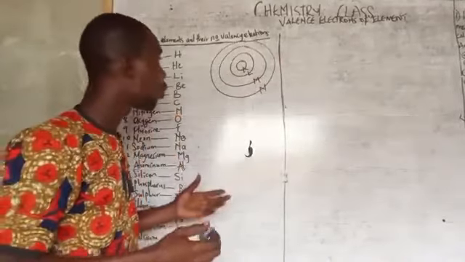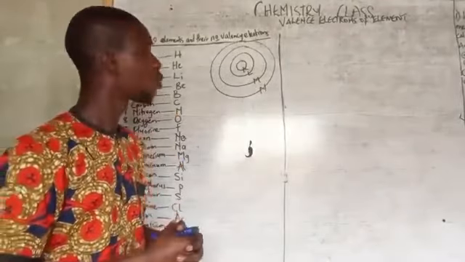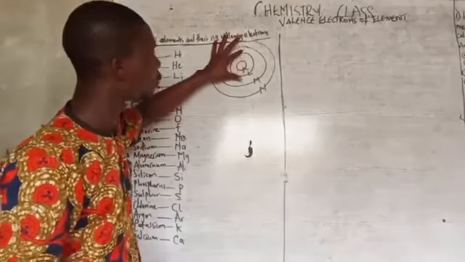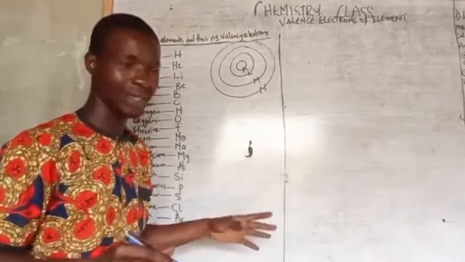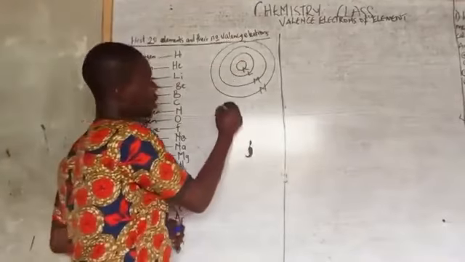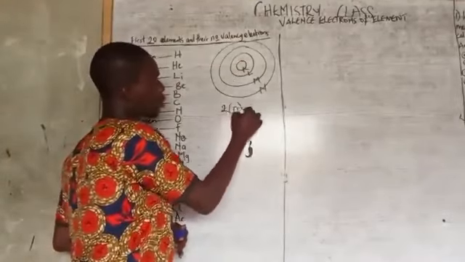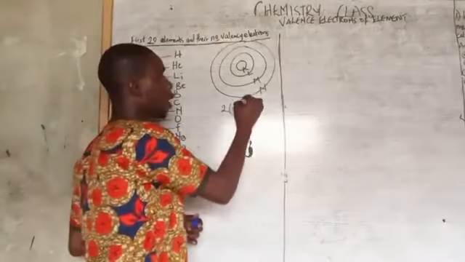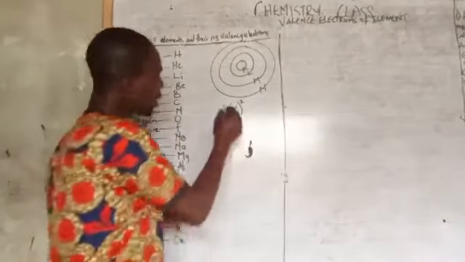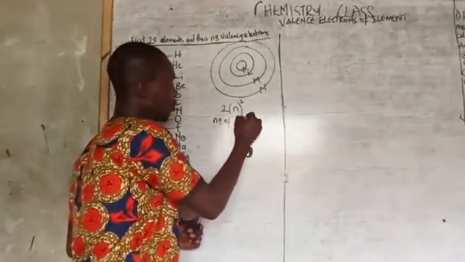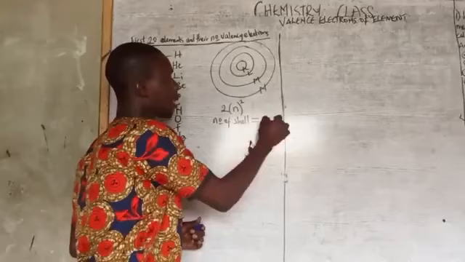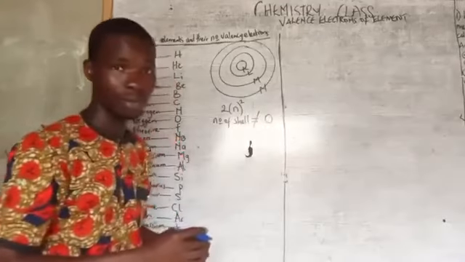How then do we know how many electrons will fall in each of these shells that we have given? You don't need to panic. The simple logic is using the formula 2(n²), where this n is the number of shell and it is never equal to 0.